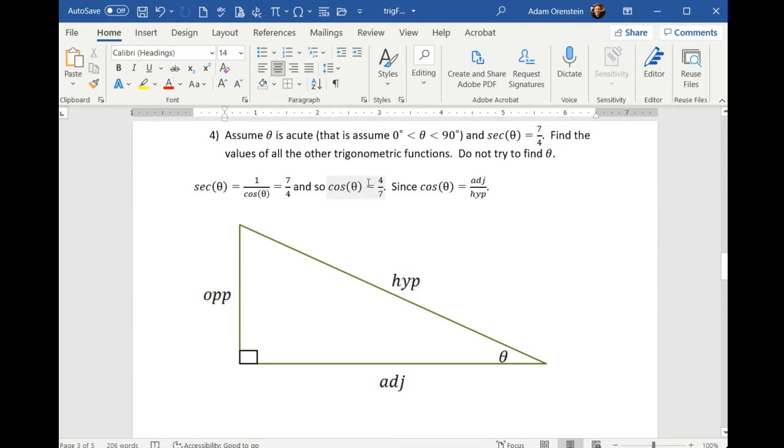Now, just like in the lecture notes, when you want to get the other trig functions, you draw a right triangle where cosine of theta is 4/7. Cosine of theta is adjacent over hypotenuse.